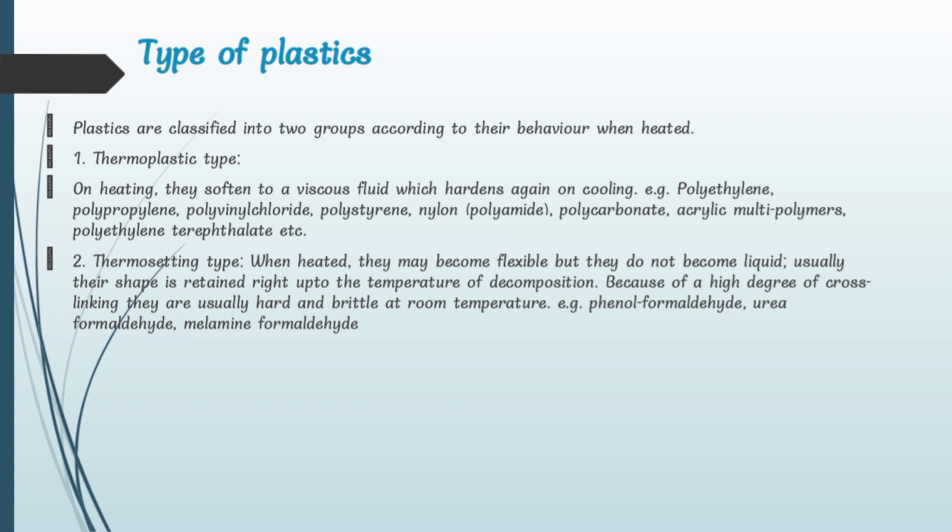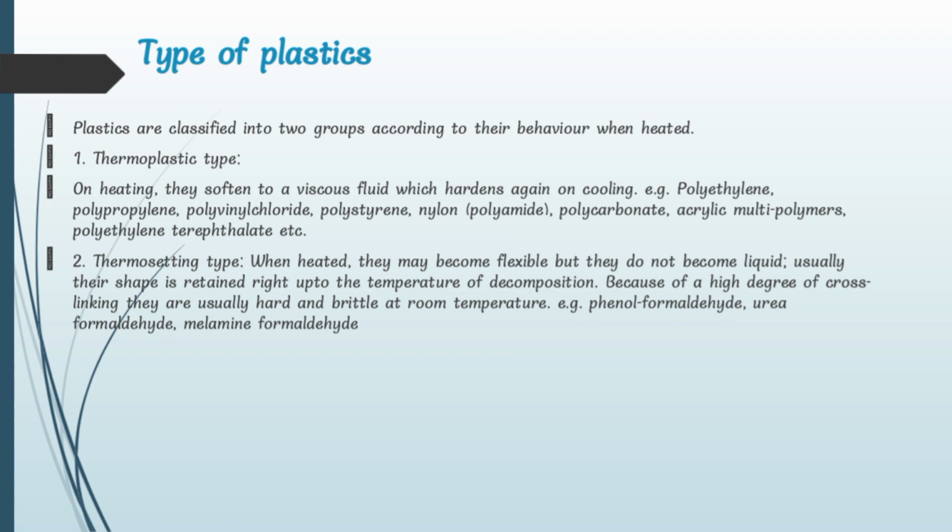Examples are polyethylene, polypropylene, polyvinyl chloride, polystyrene, nylon, polycarbonate, acrylic multipolymers, polyethylene terephthalates, etc. Another type is thermosetting. When this type of plastic is heated, they may become flexible, but they do not become liquid.